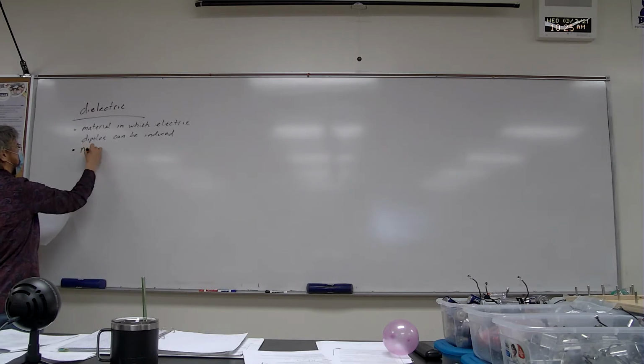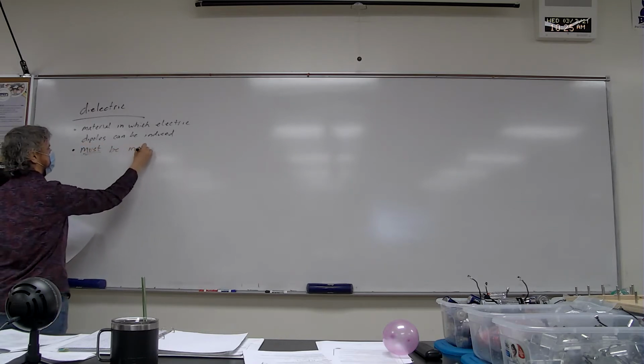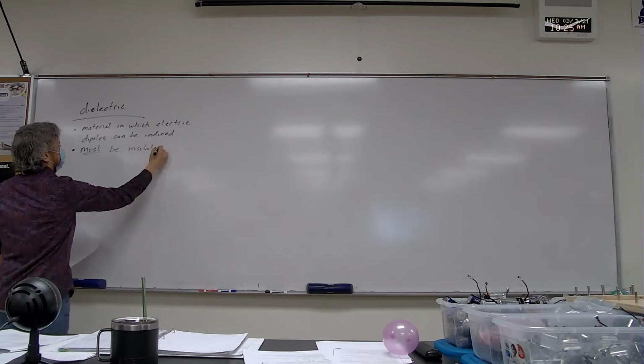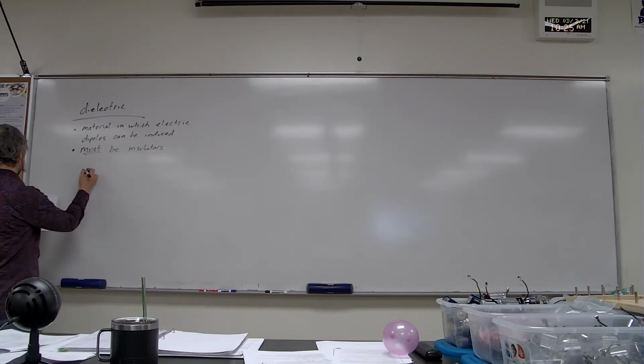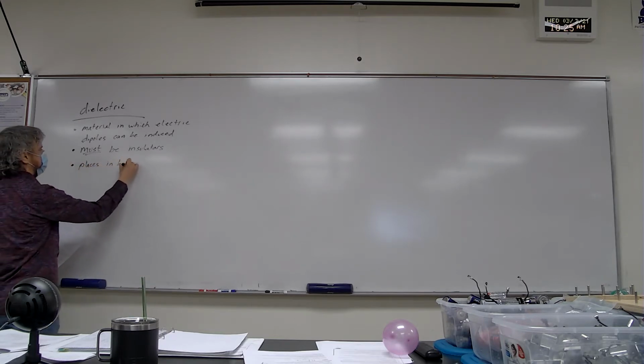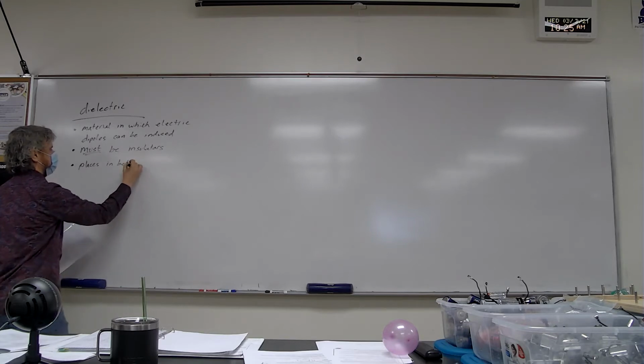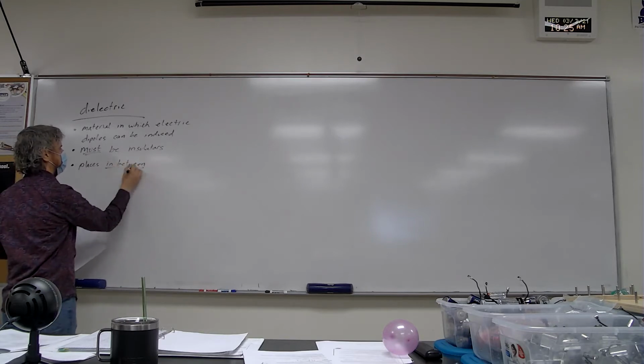Dielectrics must be insulators because you can't form electric dipoles in conductors, because the charge would just flow until it was no longer a dipole. And they're placed in between capacitor plates.